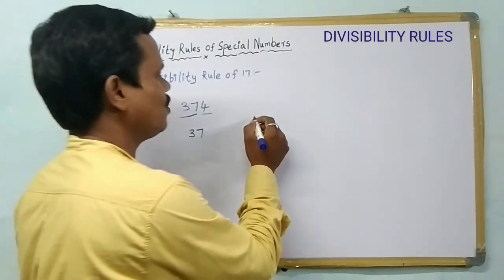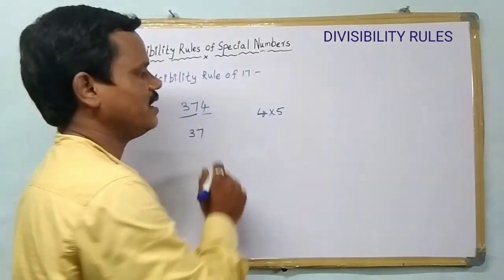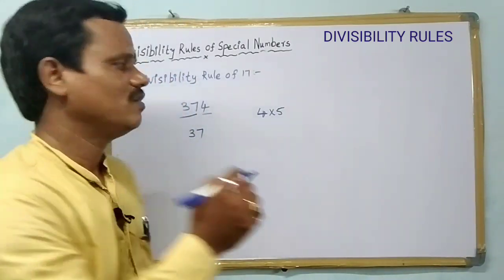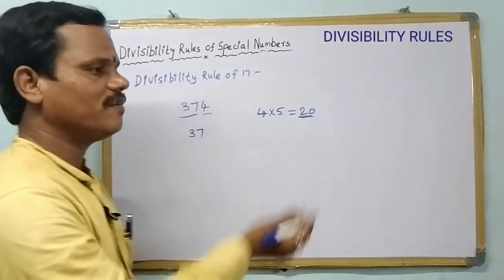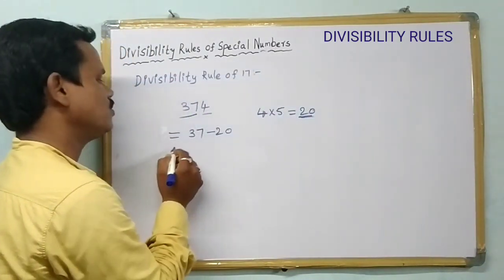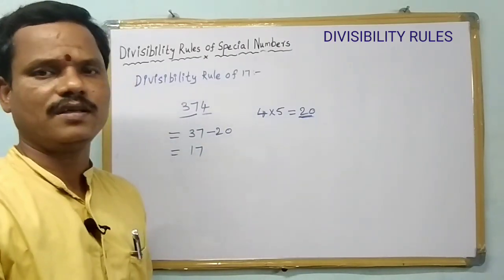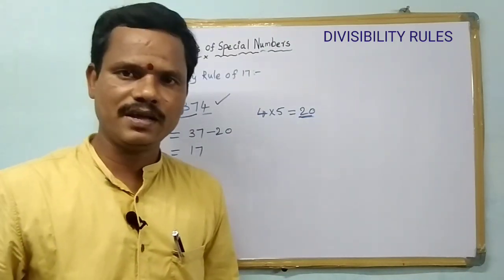Here 4 is multiplied by 5, the answer is 20. Now subtract this 20 from the second part. 37 minus 20 is 17. 17 is divisible by 17, so 374 is divisible by 17.